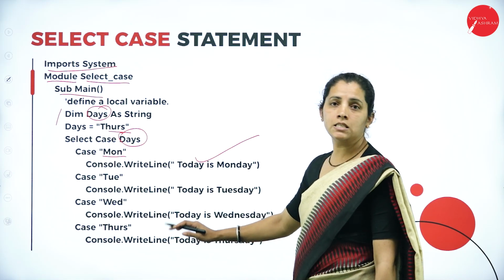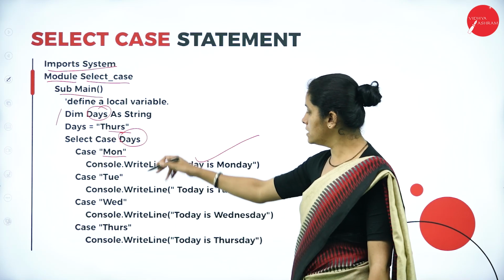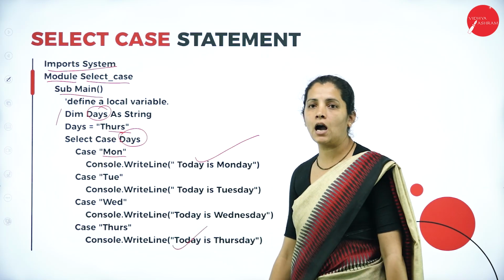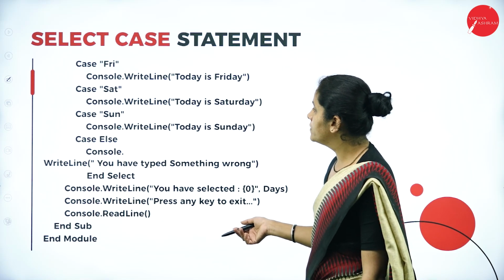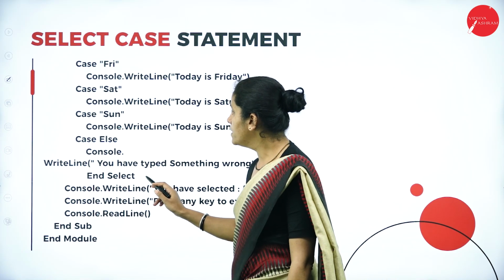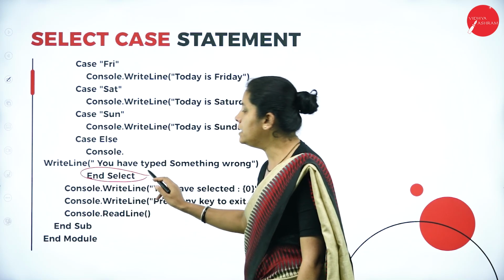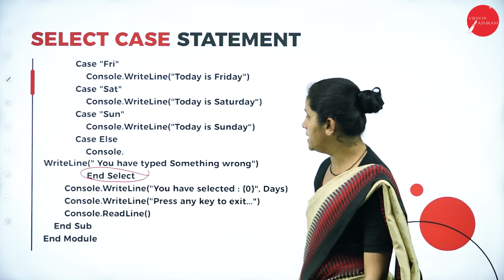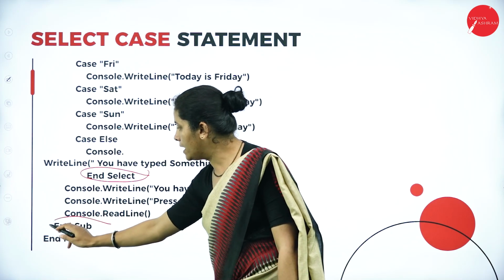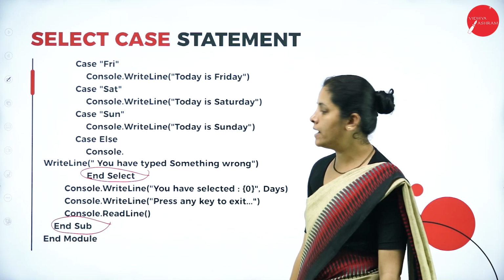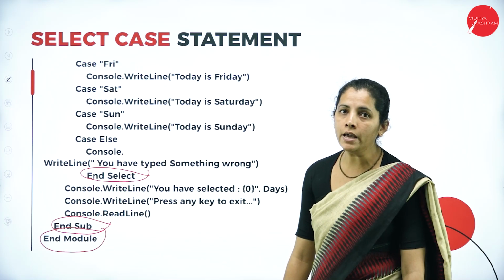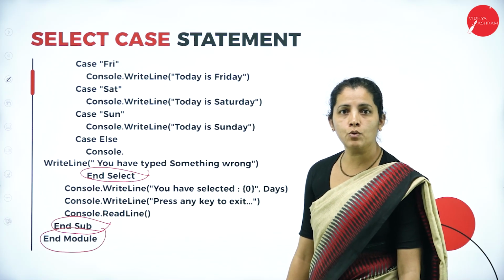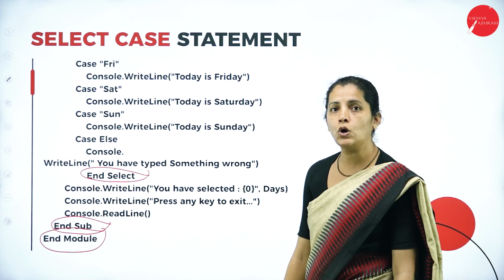If the case is Thursday, then it is Thursday, right? So I'm going to get the output, today is Thursday. Then I end the select statement, end the main function, and end the module. This is the way I can write the program in VB.NET.